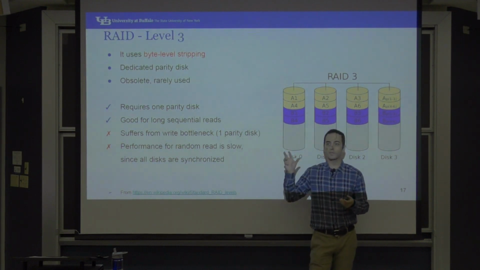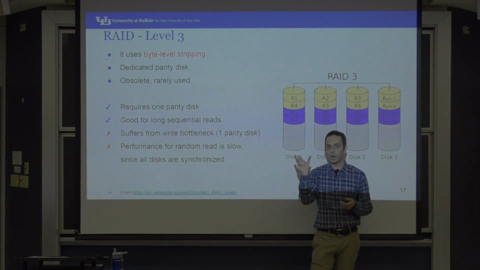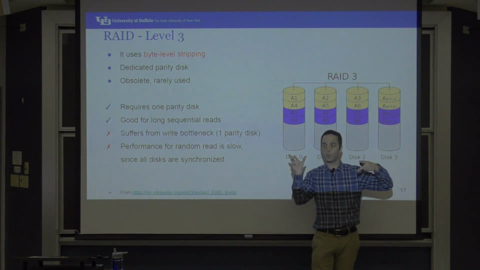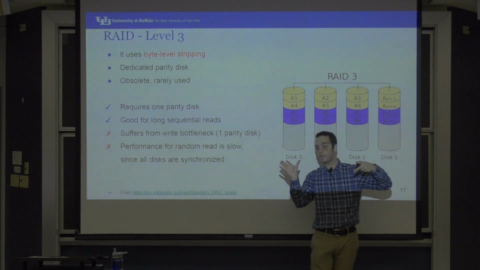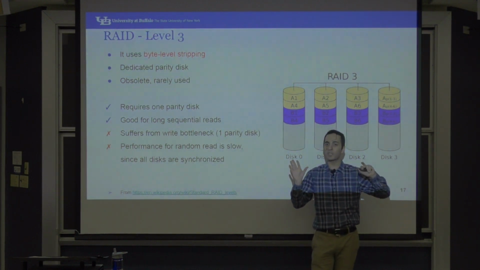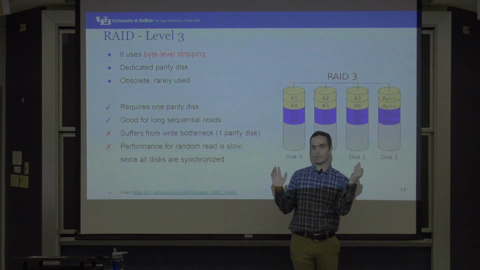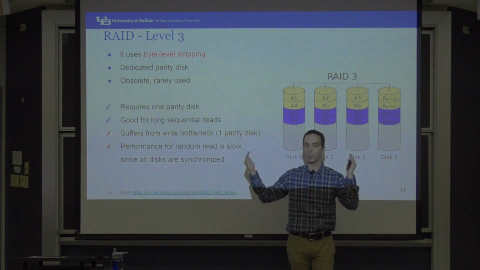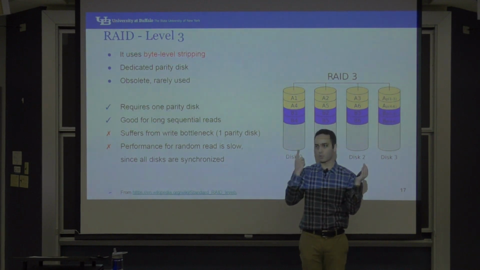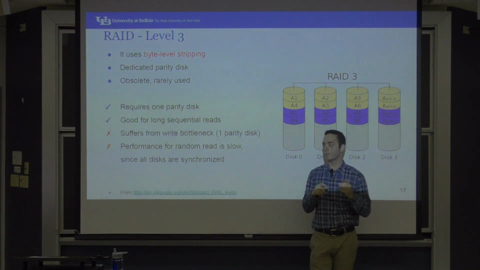So if the number of ones in these 8 bits is odd, you add 1. If the number of ones in these bits is even, then you add a 0. By doing this, you ensure that by adding this bit, the total 9 bits always have an even number of bits which are 1. This is called even parity.